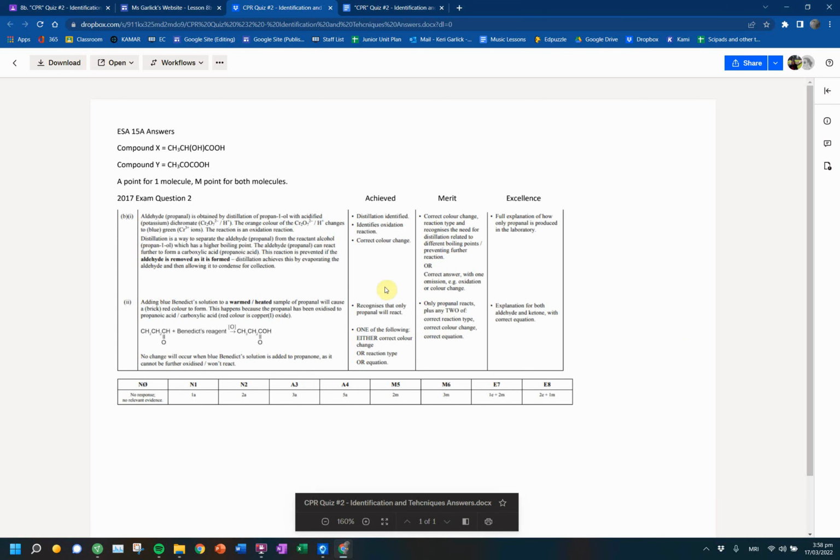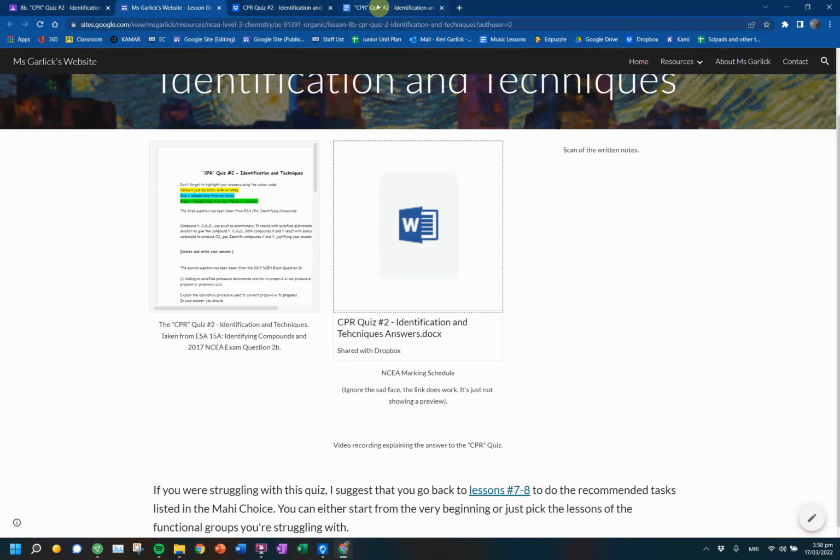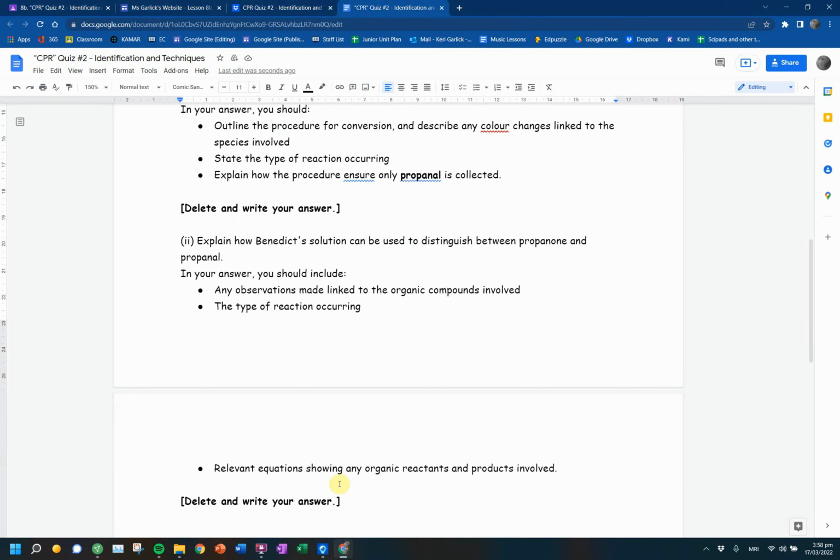But anyway, when you're looking at this answer here, you can see how it breaks down to the achieve, merit, and excellence. The main thing I see that lets a lot of students down is that they forget to give equations. So do make sure to do that. If the question states equations or relevant equations showing any organic reactants and products involved, that's not an optional thing.